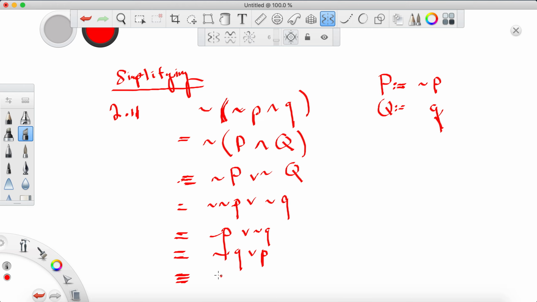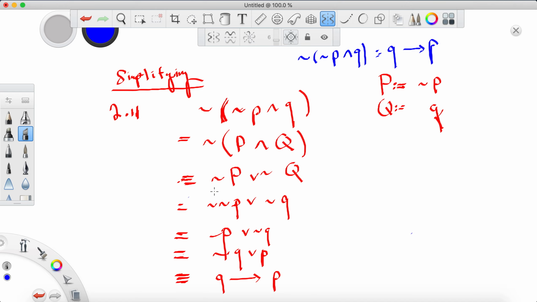This is just equal to Q implies P. Okay, so the conclusion is that the far left-hand side, not (P and Q), this is just logically equal to Q implies P.